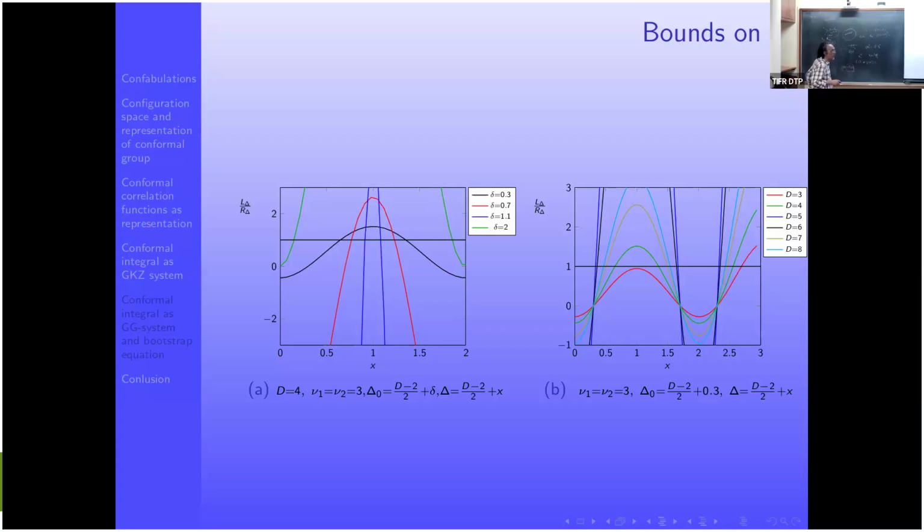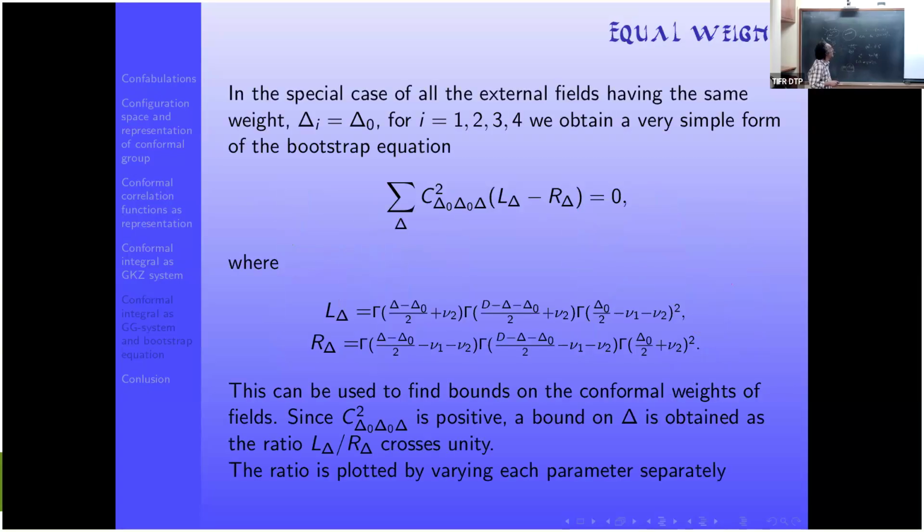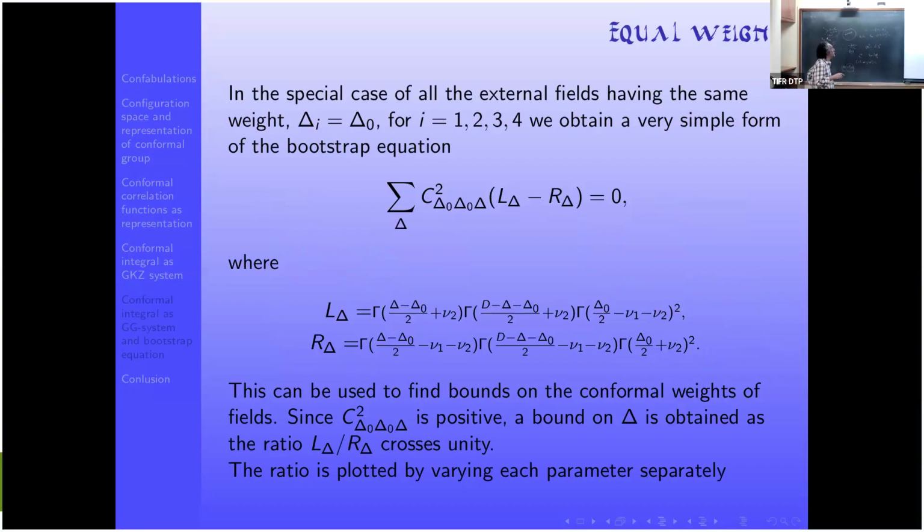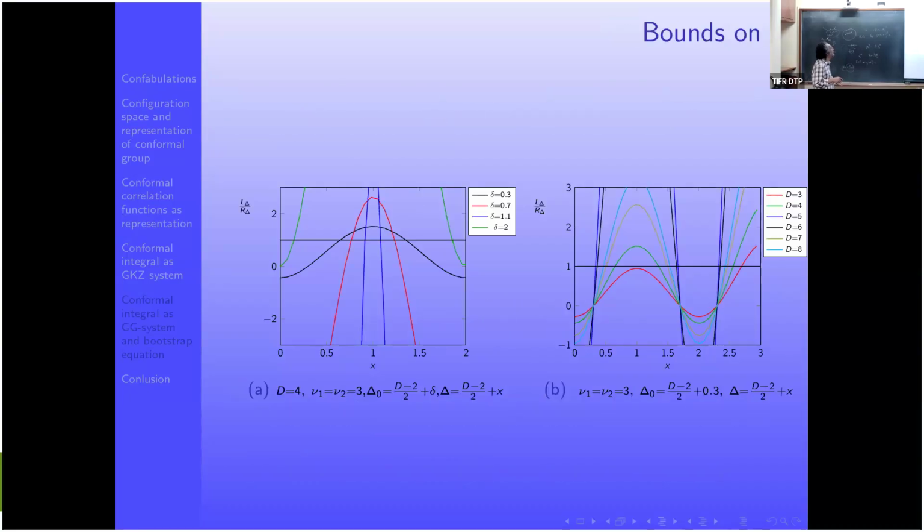I have not done an analysis, because varying nu will essentially bring in polylogarithmic functions from the derivatives of gammas and all, so analytically it might be difficult to see. But numerically, if I vary nu, the point where it cuts 1 changes slightly. But I'm not an expert in numerics, so I have not done a very good job there. The only point I wanted to make is that in this fashion, very simply, I see that there's some kind of bound that I can actually derive, at least.